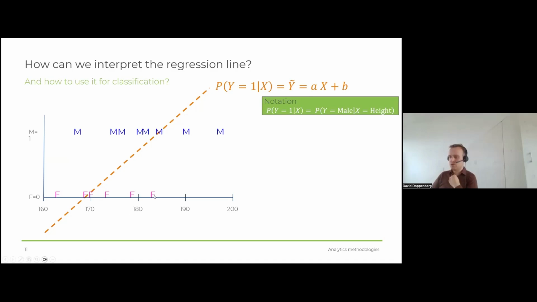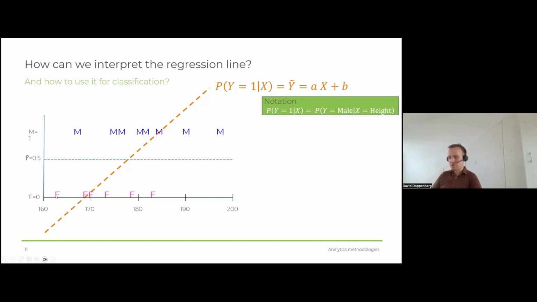Typically, when we're talking about classification, you look at the results of a classifier in the sense of a probability. Basically, the probability that this observation is M comes out as the outcome of a certain model.